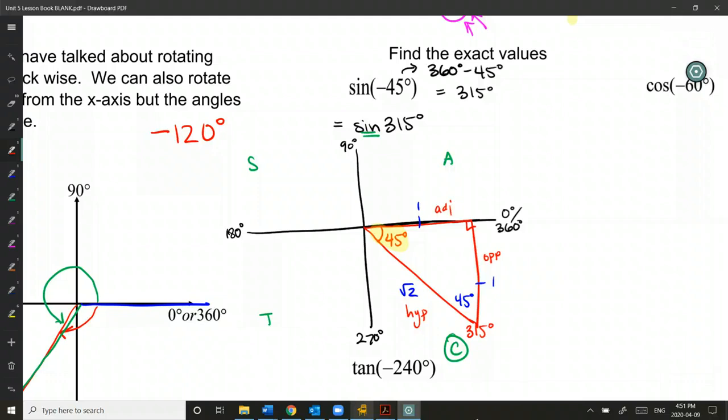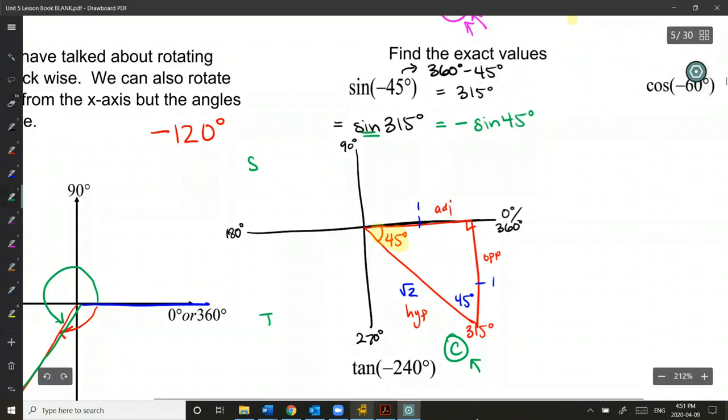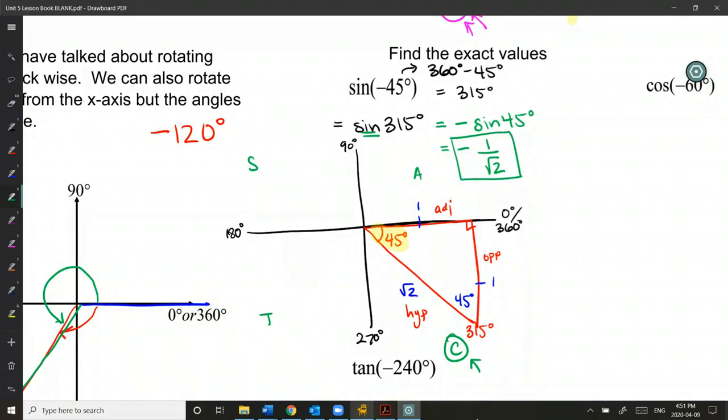Sine is opposite over hypotenuse, and I know this is going to be equal to a negative because of the CAST rule. So this will be equal to negative, because we're in the cosine quadrant, sine of 45 because that's the reference angle. So opposite over hypotenuse is negative 1 over root 2. Or if you'd like to express this with a rationalized denominator, negative root 2 over 2.